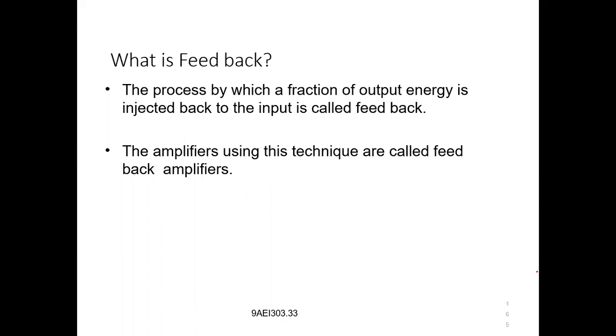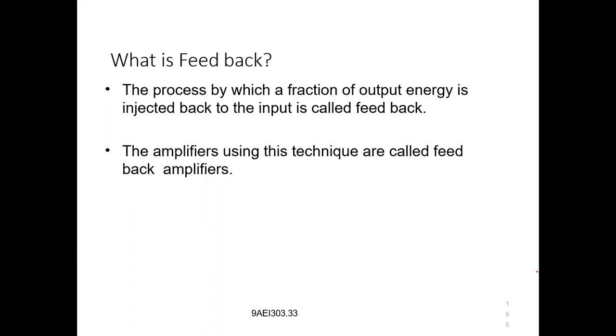Okay, hi everyone. So last class we discussed different power supplies, rectification and the filter process. In this class, we are going to discuss amplifiers, that is feedback and power amplifiers. That means we are going to take some part of the output as a reference voltage for the feedback process.